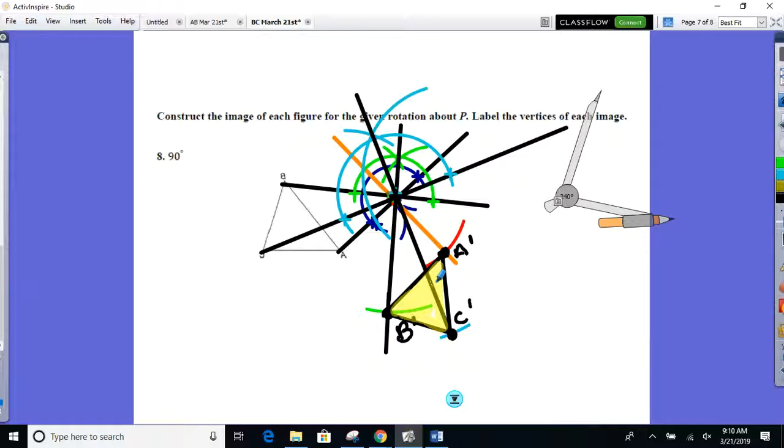Counterclockwise, not clockwise. One job. We are ready to go on to the next one.